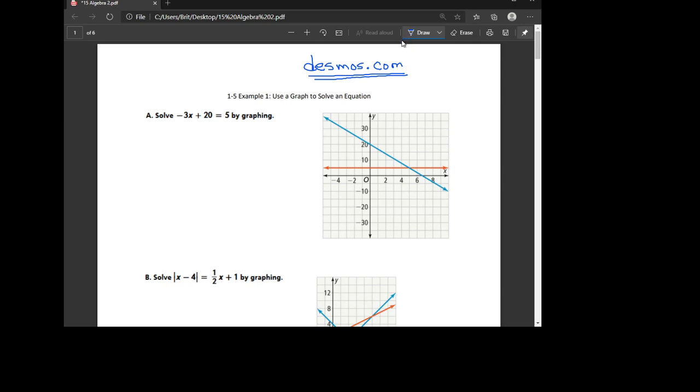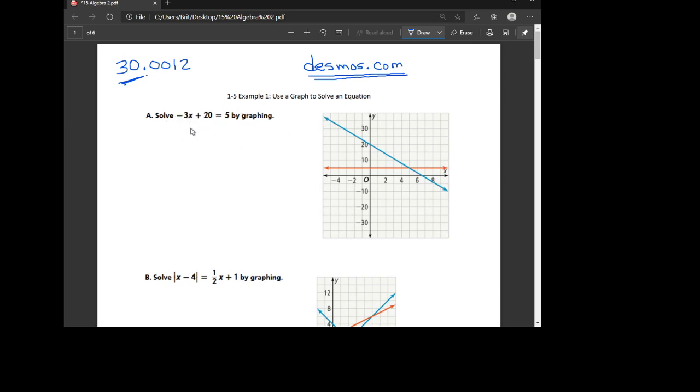Now I normally frown upon graphing because it tends to produce approximate solutions. If you have an answer like 30.0012, you would probably truncate it at 30, depending on your graph. I don't like graphing because it leaves a little bit of ambiguity. However, I'm still going to show you how.